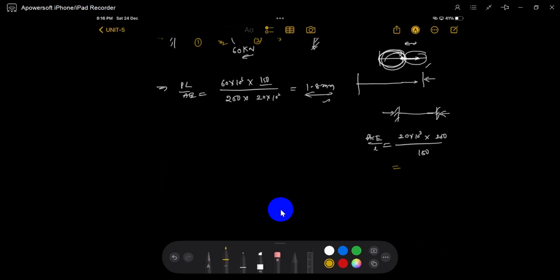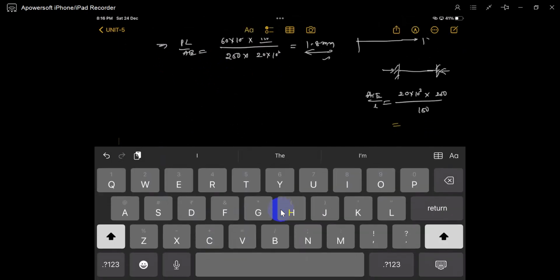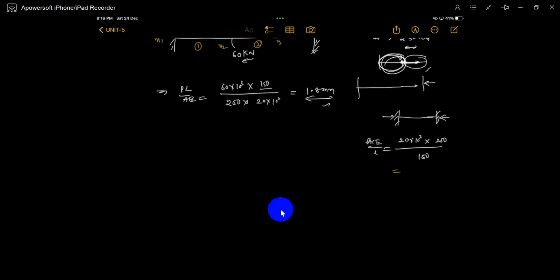So what is that value? That value is 33.33 kilonewton per mm.